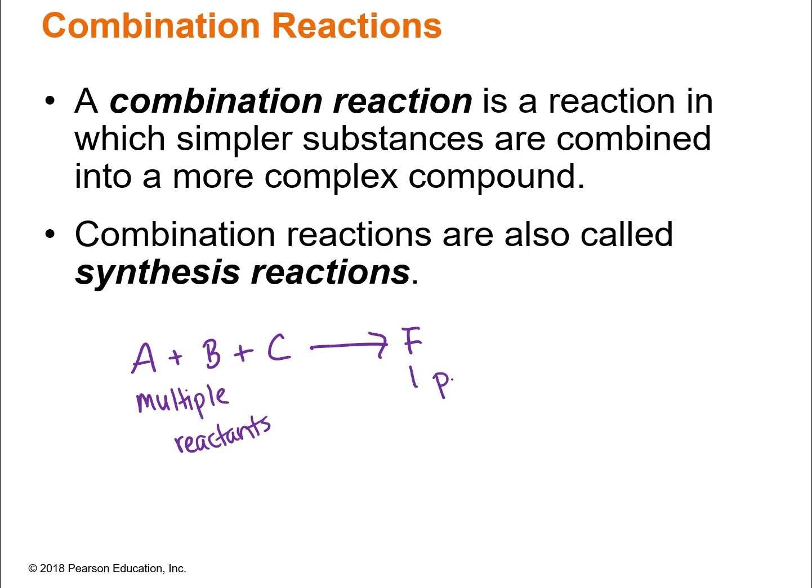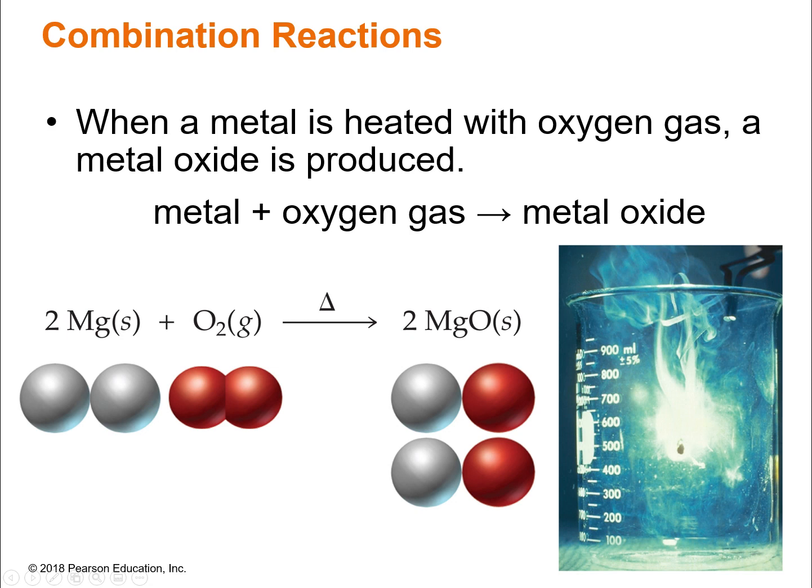And one product. That's the hallmark that you're going to look for. I'll give you some examples of combination reactions. When you mix a metal with oxygen gas and you heat it, you form a metal oxide.